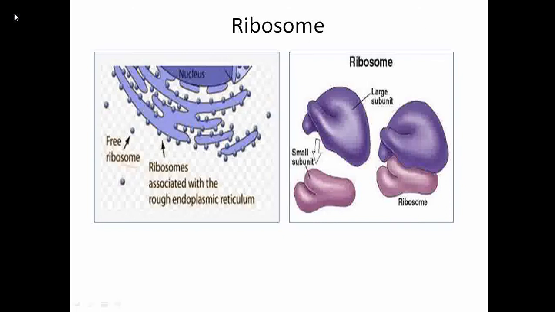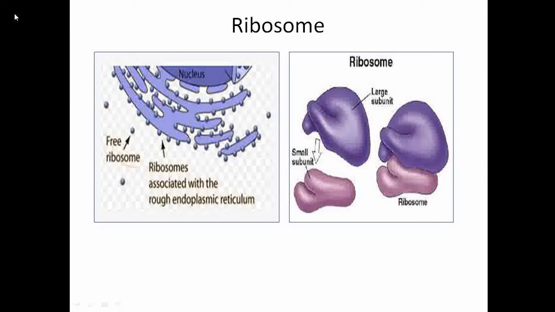Now in the previous video we have talked about the endoplasmic reticulum, rough endoplasmic reticulum especially, on which the ribosomes are found. So in this diagram you can see the free ribosomes as well as the endoplasmic reticulum on which the ribosomes are found.